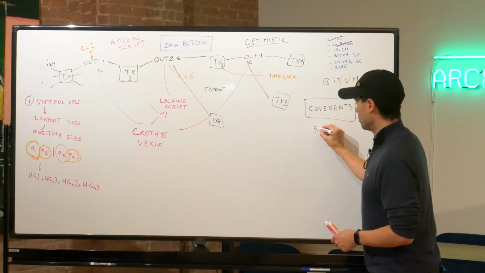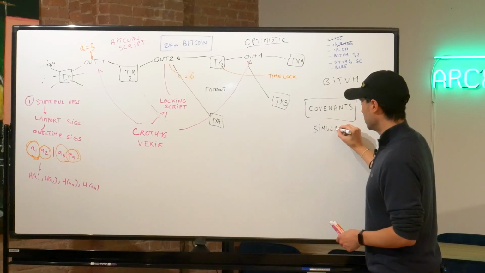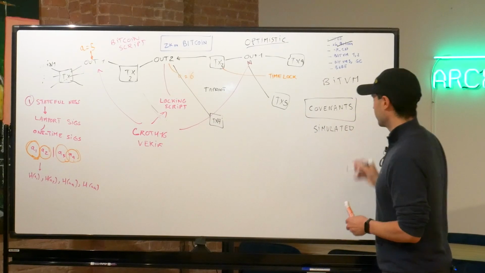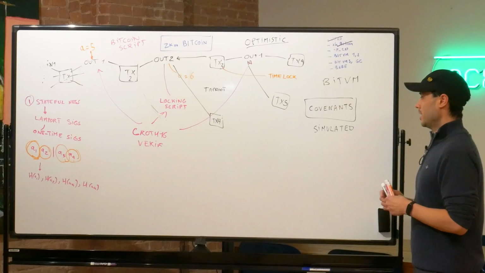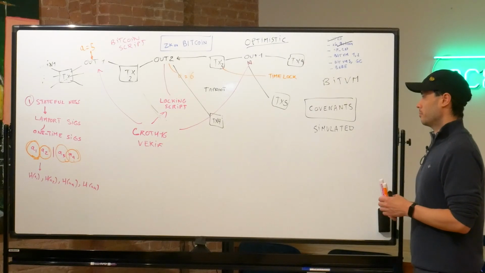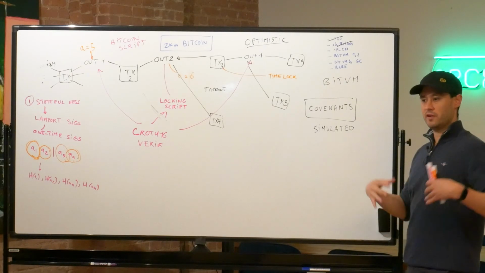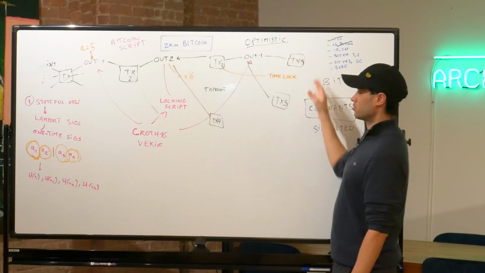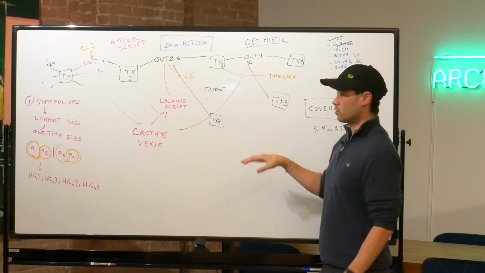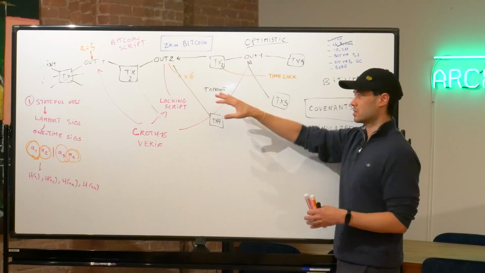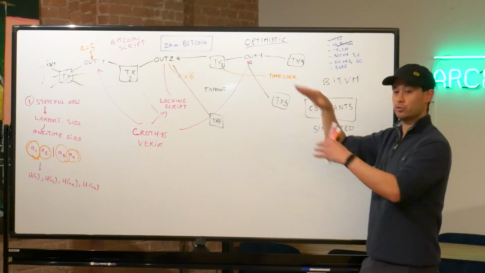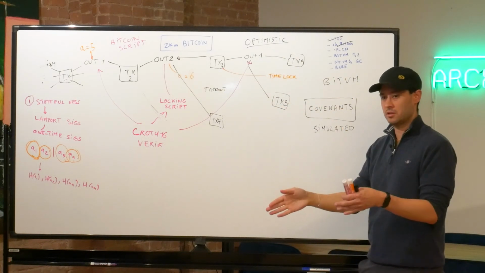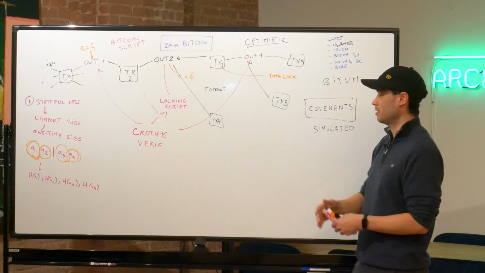And so most of the papers are doing something called simulated covenants, where basically there's some sort of trusted setup where everybody comes together and they pre-sign all of these transaction graphs so that they set in stone what transactions you will be able to take. They set the circuit in stone, or the game in stone.